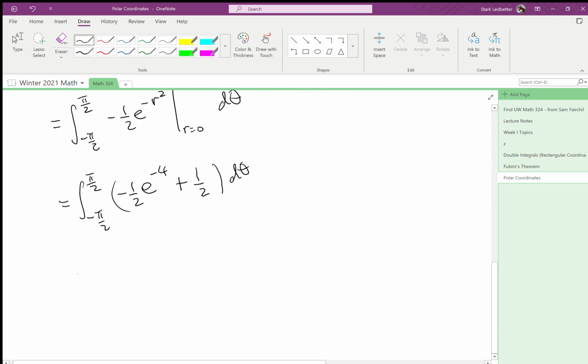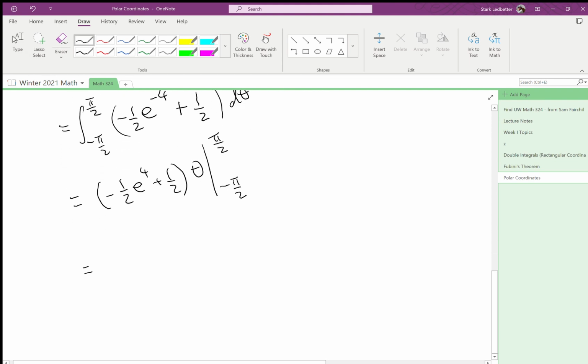There's no thetas here, that's a constant, so I just end up with that ugly constant times theta, and theta goes from negative pi over 2 to pi over 2. So I plug that in, I get pi over 2 minus negative pi over 2, which is actually positive pi. So I'll take out the 1/2 in front too. So maybe I'll take out negative pi over 2, and then it'll be e to the 4 minus 1.